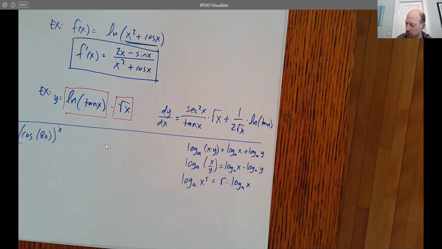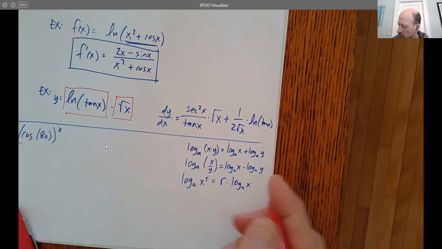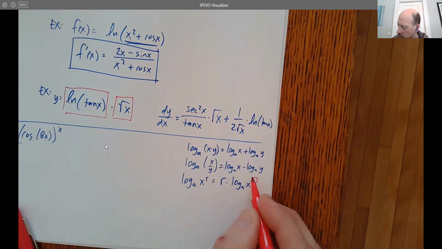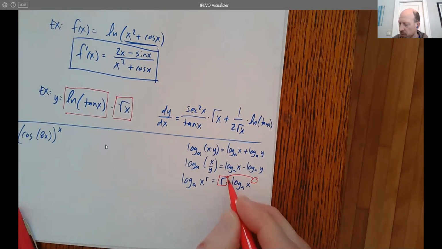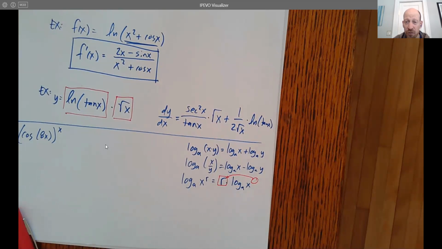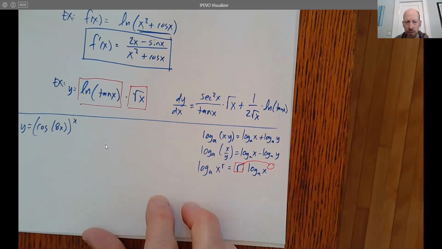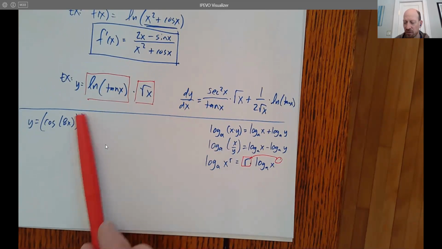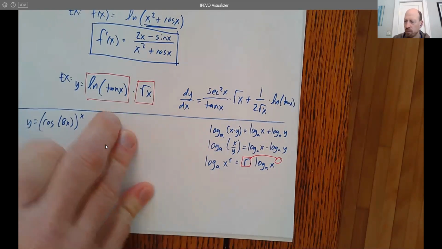And a lot of times we think of that rule as taking this exponent and pulling it out in front as a multiplier. Multipliers are easier than exponents for us to deal with typically. So that third rule that I listed is what's going to help us deal with this unusual form, right?